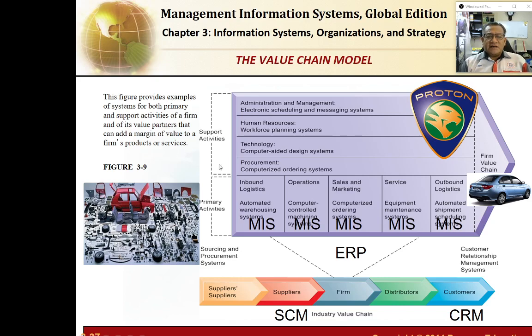So of course, it starts with this primary activity, and this primary activity is normally managed and controlled by an ERP system, which is Enterprise Resource Planning System.